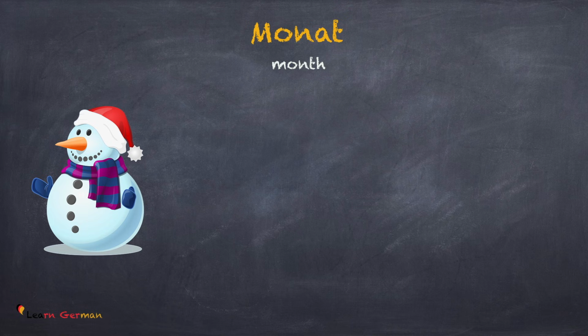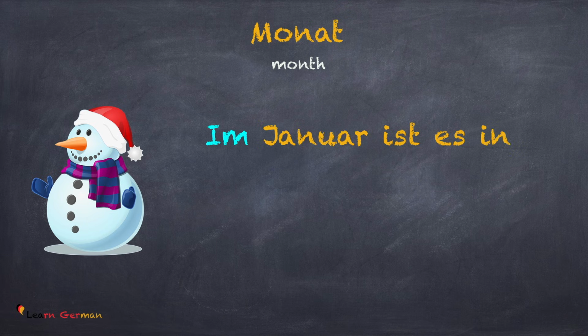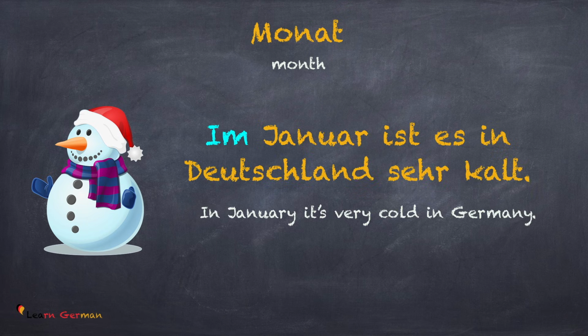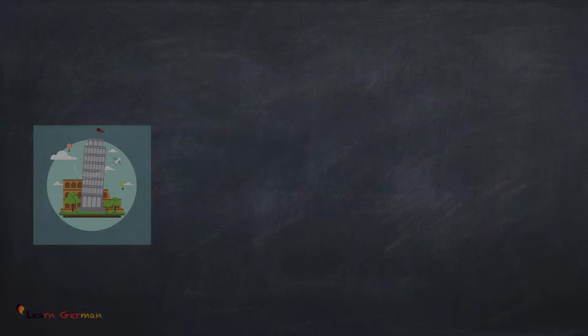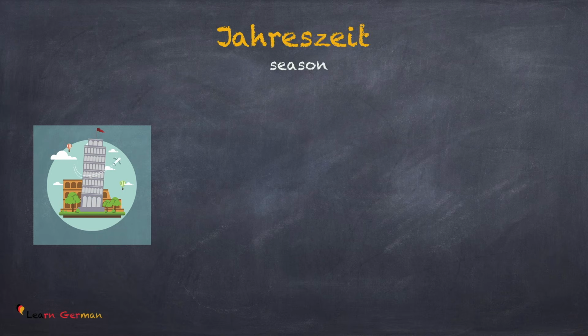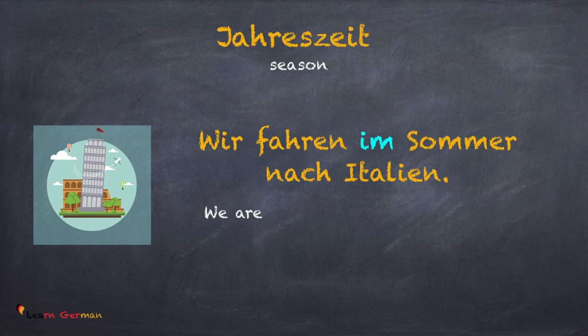You would use the preposition im with months, Monat. For example, im Januar ist es in Deutschland sehr kalt. You would also use this preposition with Jahreszeit. Here's an example. Wir fahren im Sommer nach Italien.